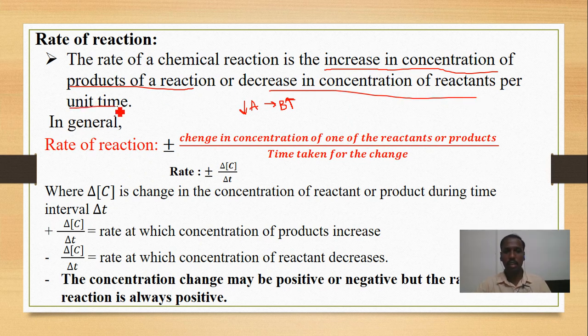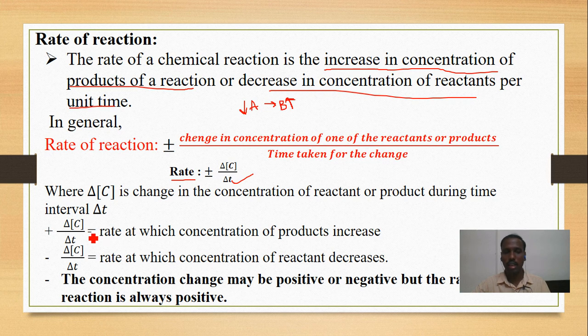That means the change in the concentration of one of the reactants or products with the time taken for the change. Mathematically, we can express it as rate equals plus or minus delta C by delta T. Here delta C represents the concentration of the reactant or product and delta T represents the time interval.